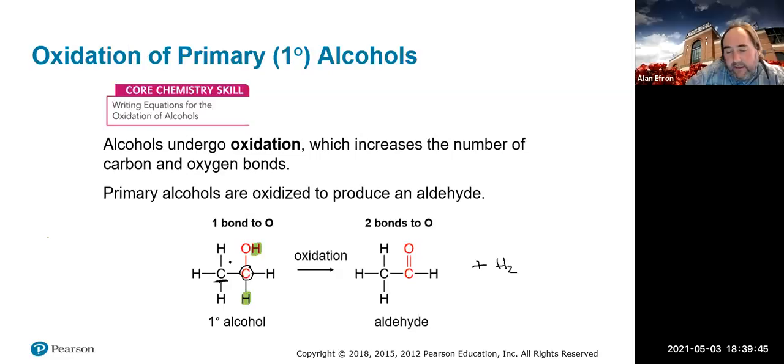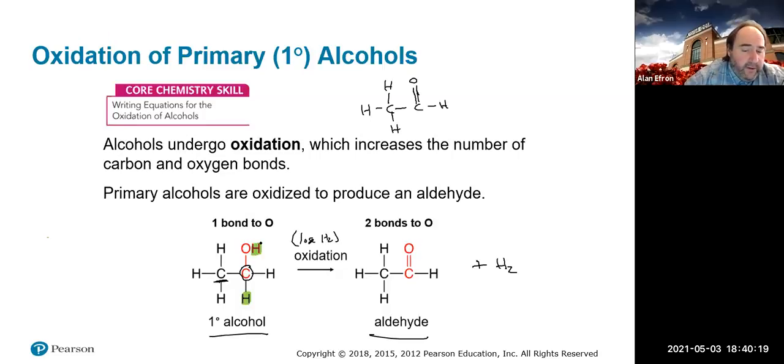And absolutely nothing else changes in this guy. Again, you could redraw it exactly the way it is over there. You basically just take out those 2 hydrogens. And obviously here we're looking at the definition of oxidation about losing hydrogen, and we need to put a double bond there. And that gives us, again, our primary alcohol takes us to an aldehyde. Again, the loss of H2 here is what we're talking about.